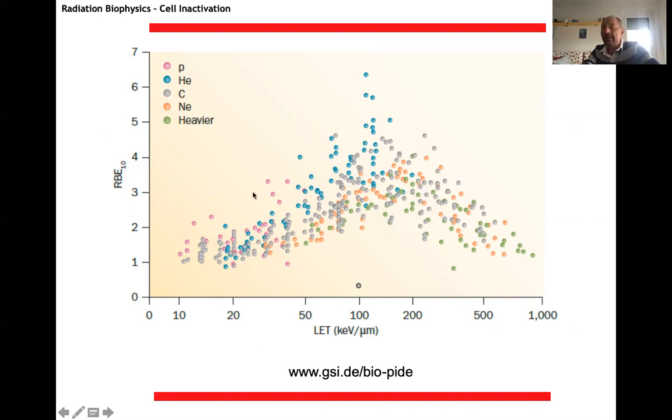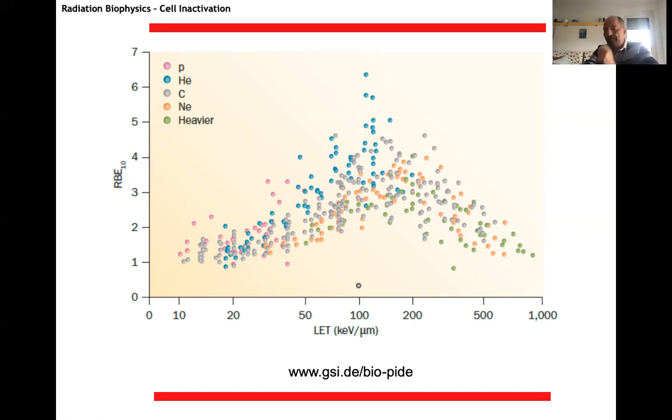This is the RBE10. It's a database that we have made freely available, of all published data on cell killing. So it's in vitro, not animal data, not patient data, only cell data.